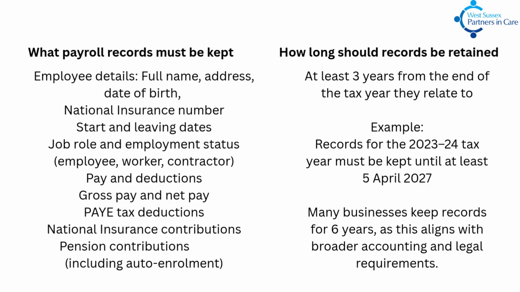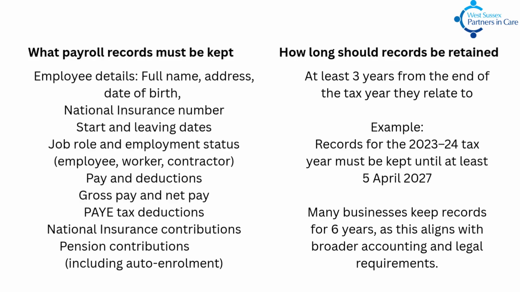You must have records of statutory sick pay, SSP, statutory maternity pay, SMP, statutory paternity pay, SPP, statutory shared parental pay, SHPP, supporting calculations and eligibility evidence.